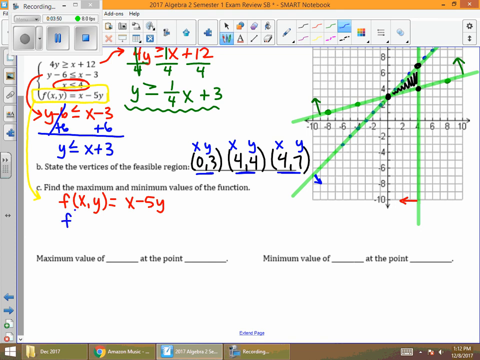So f of 0, 3 would look like 0 minus 5 times 3, which would be negative 15. F of 4, 4 would be 4 minus 5 times 4. So 4 minus 20 would give us negative 16.